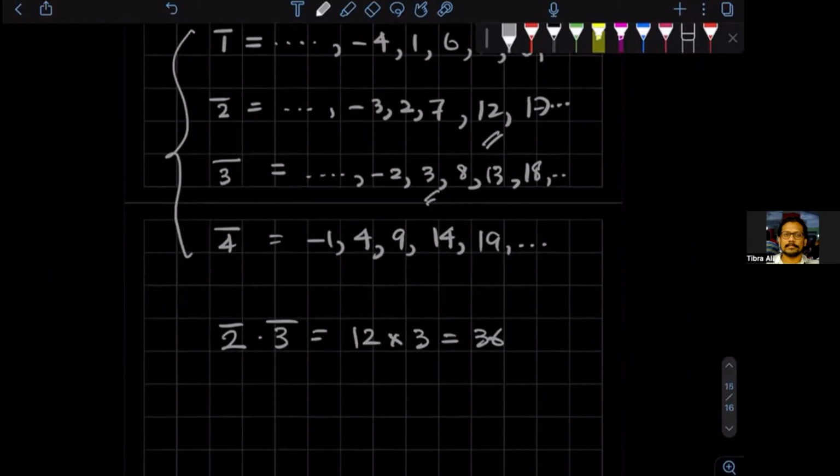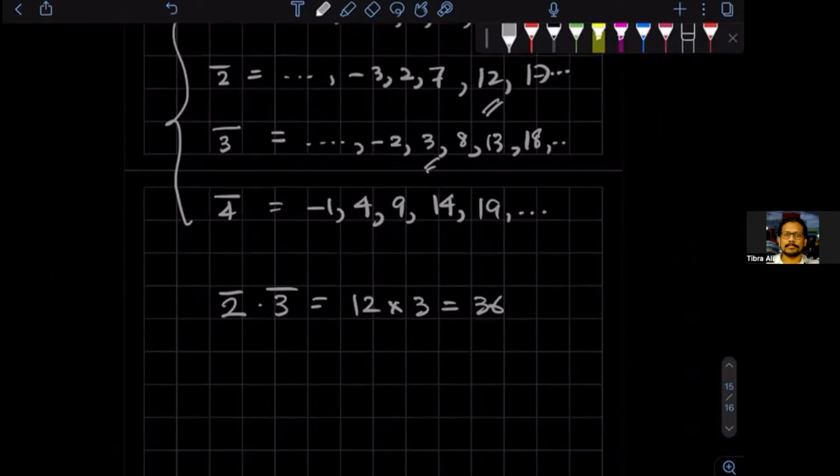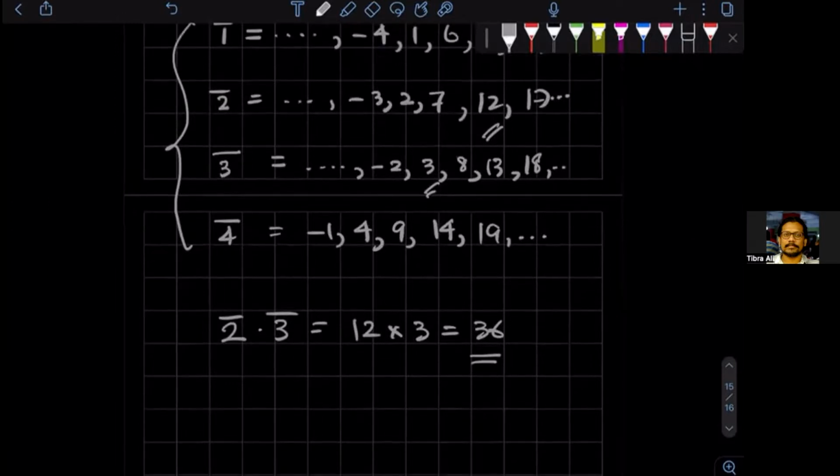But the idea is that when we multiplied 36, if I look at where 36 is going to be, we have to divide it by 5, and whatever is left over is going to be its equivalence class.